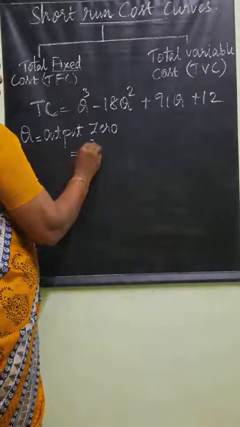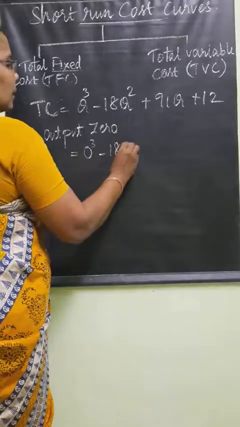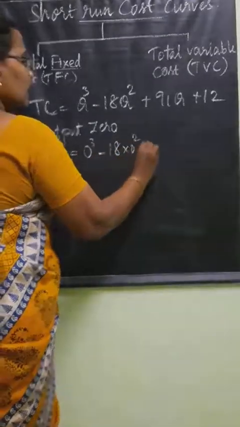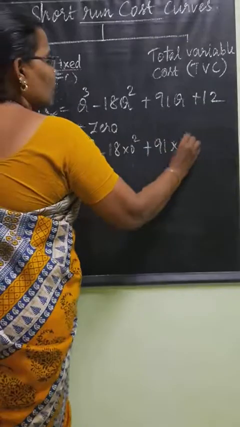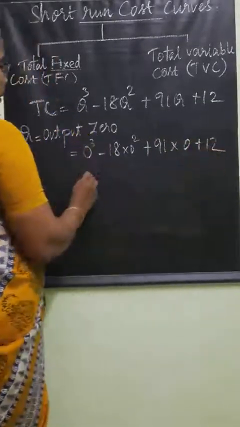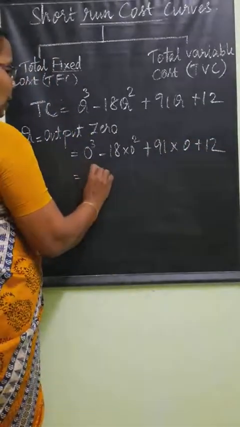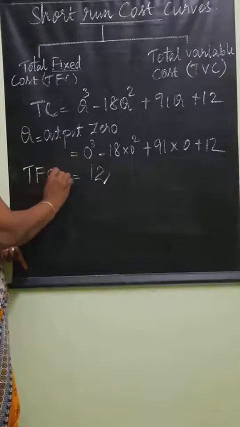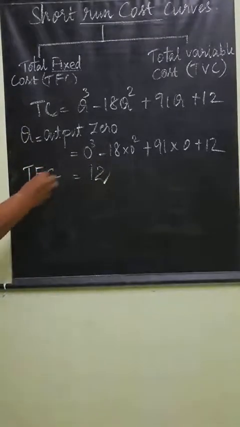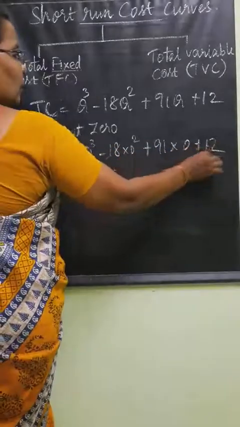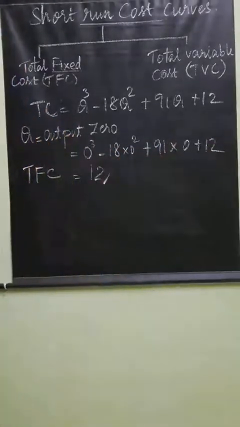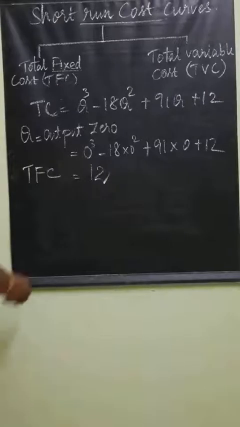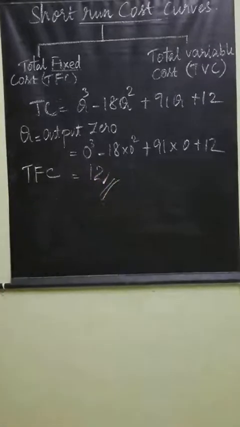So 0 cubed minus 18 into 0 squared plus 91 into 0 plus 12. So you will get only 12. The 12 is the fixed cost. Whatever the output, the fixed cost does not change. So here the 12 is the fixed cost.